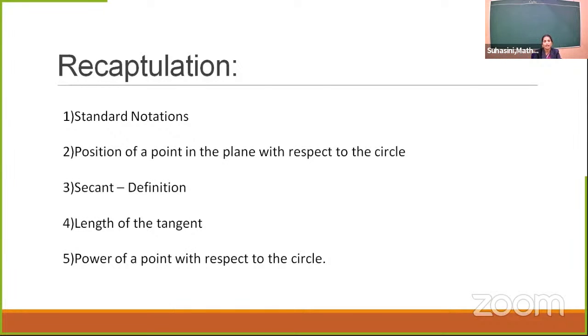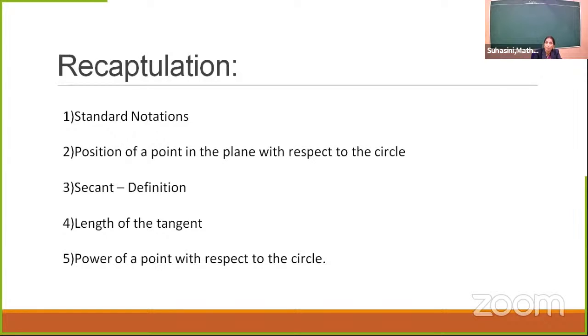We discussed that there exist three related positions for the point in the plane with respect to the circle in the same plane. If P is a point and S is equal to 0 is a circle, both in the same plane, then P may lie in the exterior plane of the circle, P may lie on the circle, and P may lie in the interior plane of the circle or inside the circle.